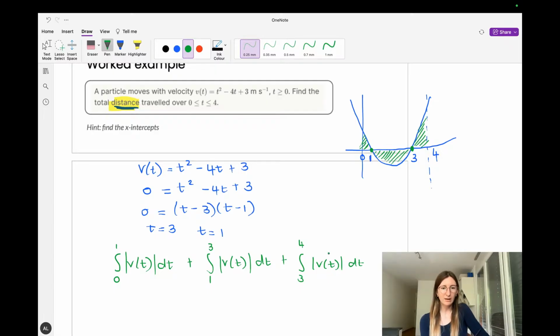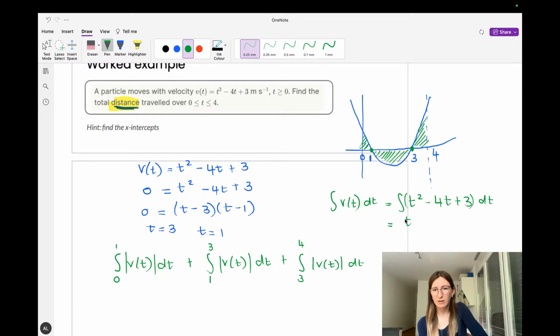So what is the integral of v of t? Let's see. The integral of v of t, because I'm not going to write it out 3 times, of t squared minus 4t plus 3 dt.